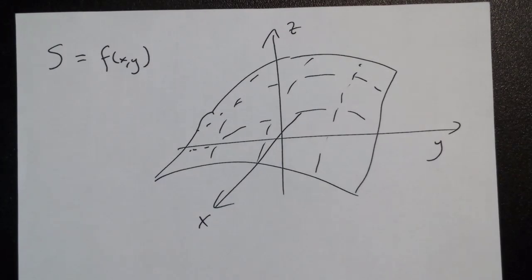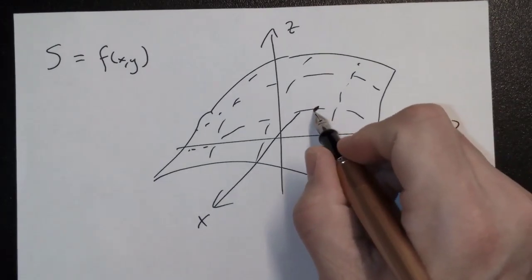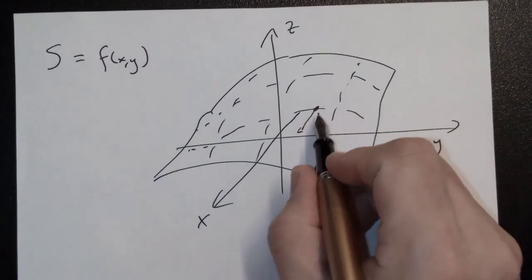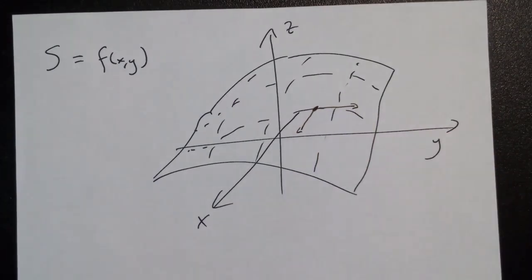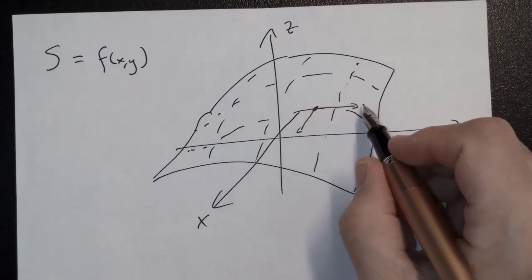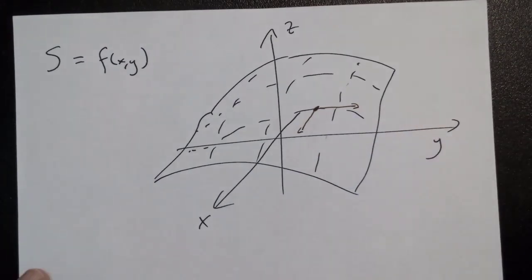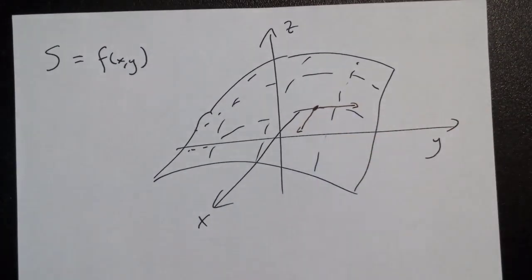And we found at some point a derivative going in the X direction. And we found a derivative going in the Y direction. Right? So this is some slope. I don't know what it is. This is some slope.